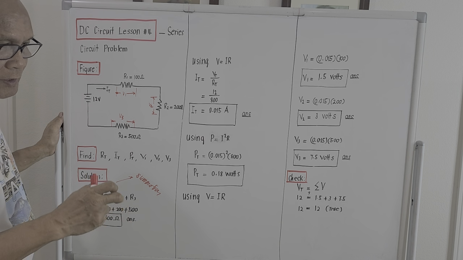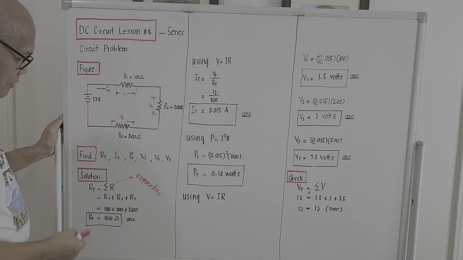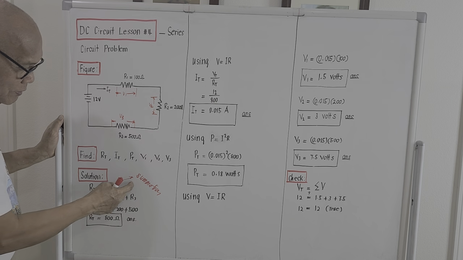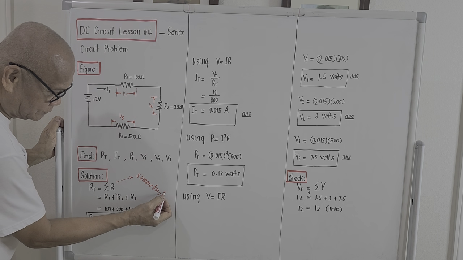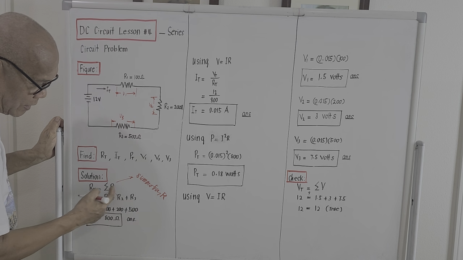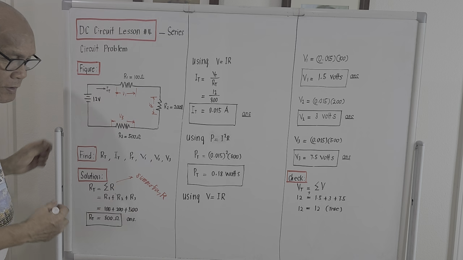If we are to take the resistance of the entire circuit considering a series circuit, the total resistance is just the summation of the individual resistances. Sigma notation R, the meaning of this, summation of the individual resistances.